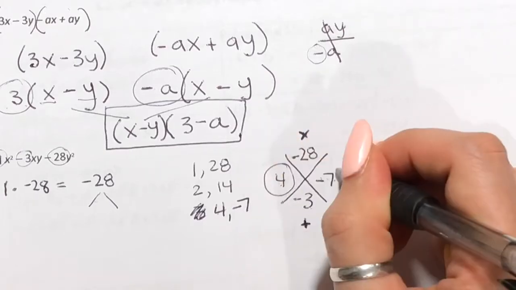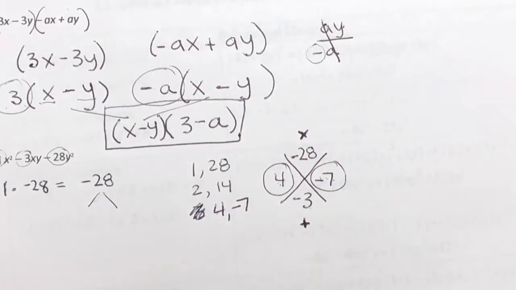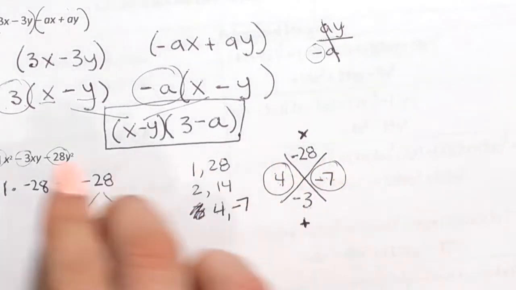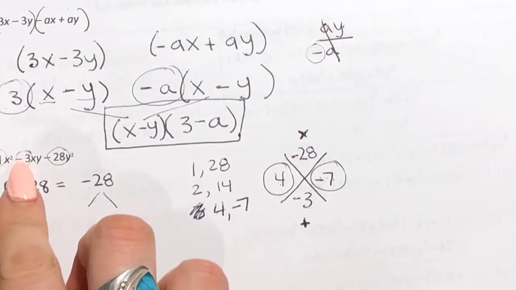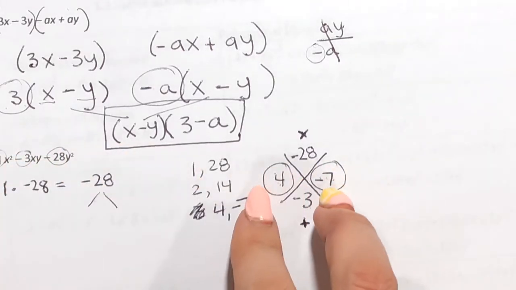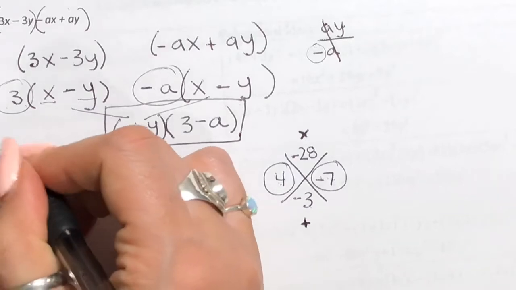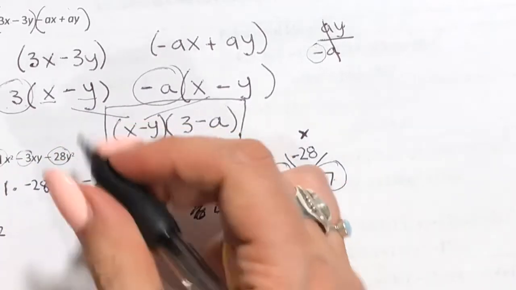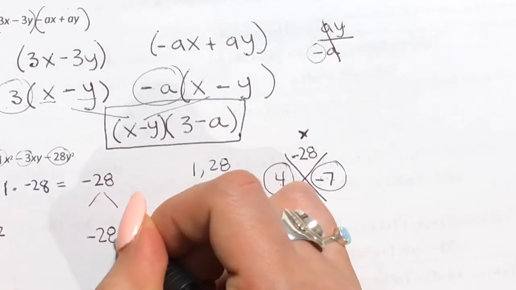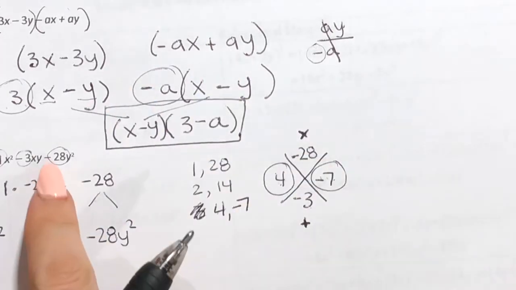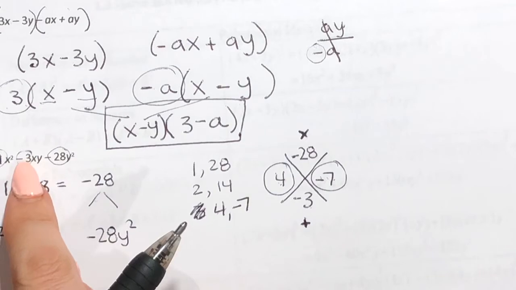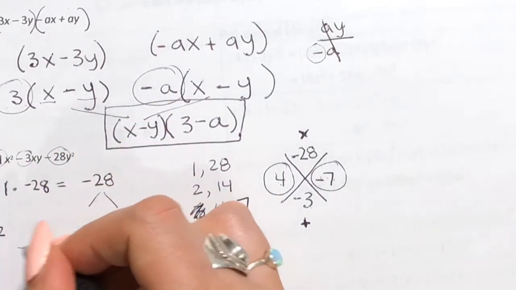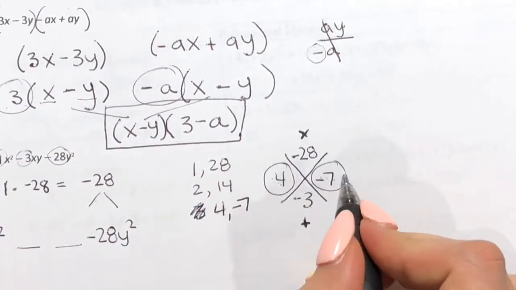Once you get these two numbers, we're going to use them to, instead of having a -3xy, write it as two terms. So I'm going to keep the first term, the 1x squared, and I'm going to keep the -28y squared. But instead of having that -3xy, we're going to break it into two pieces, the 4 and the 7.